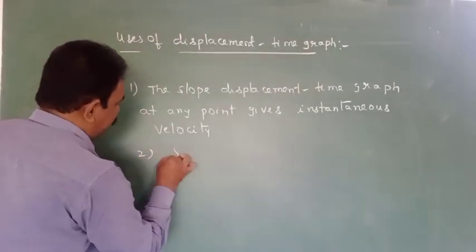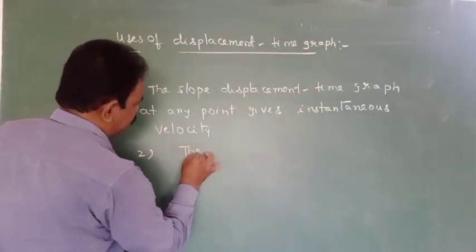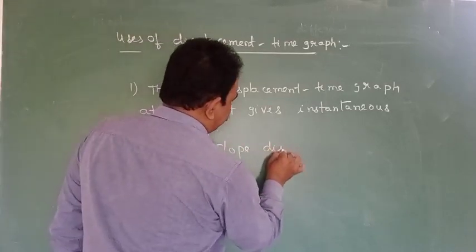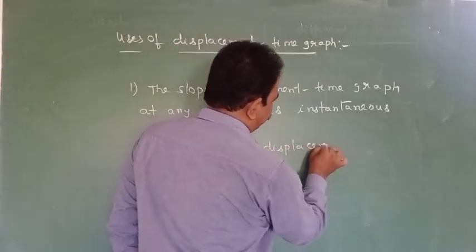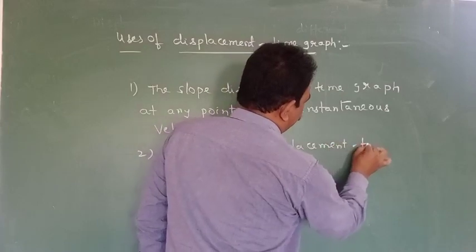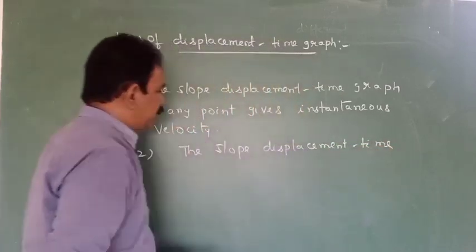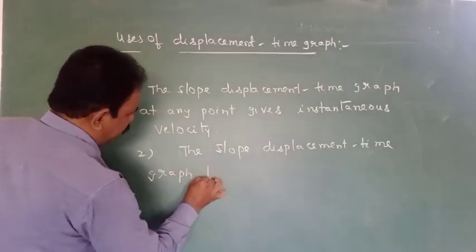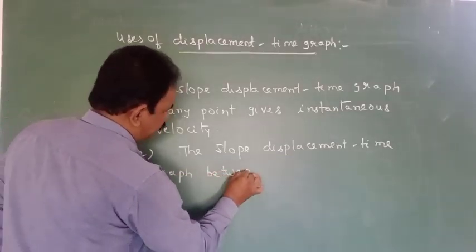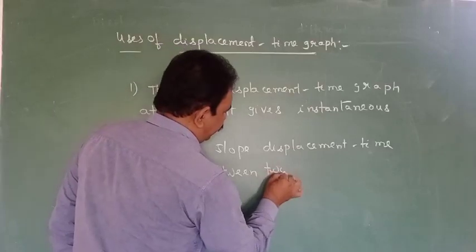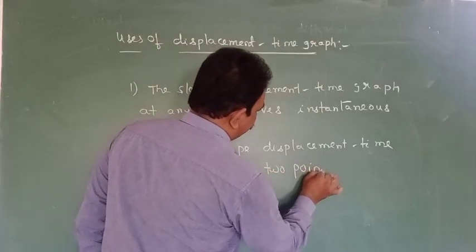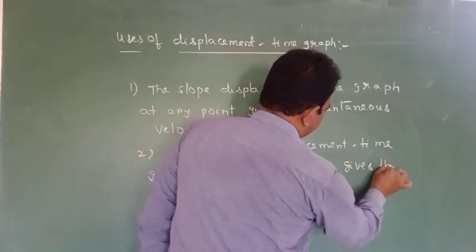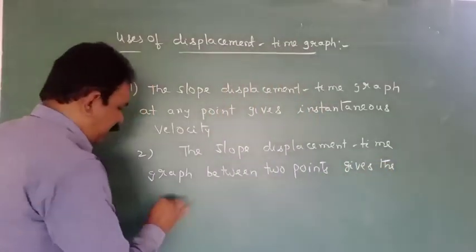The slope of the displacement time graph between 2 points gives the average velocity.